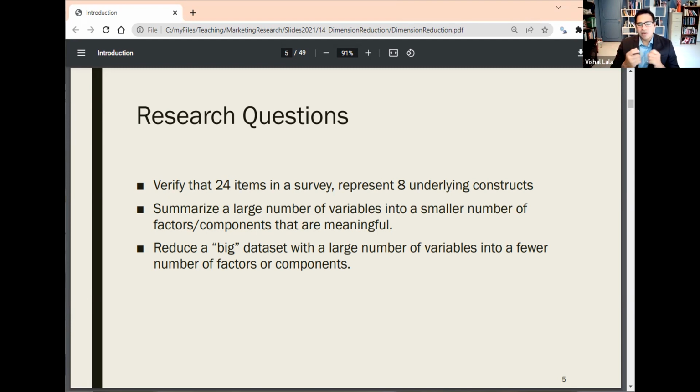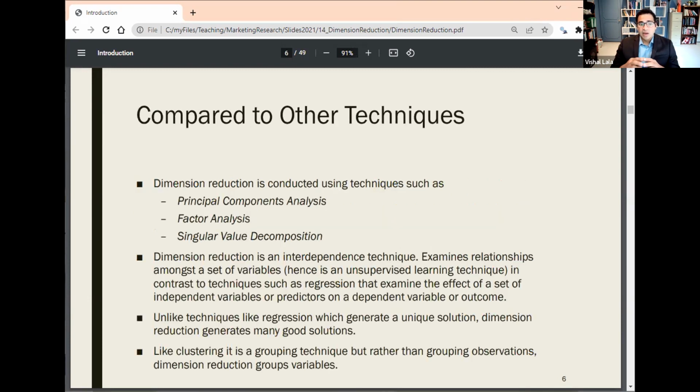In general, if you've got a really large data set, large by way of number of variables, then you can shrink that into a fewer number of factors or components. This method is conducted using techniques such as PCA, factor analysis, singular value decomposition, and so on.